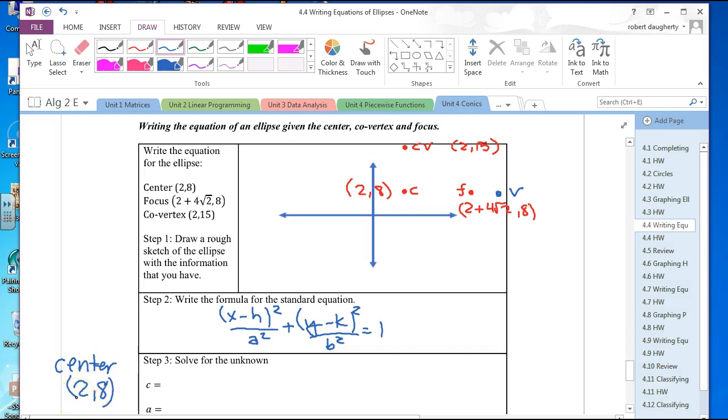Now, among the a's, b's, and c's, what do I know? What's the distance from the center to the covertex? In my formula, that's going to be which letter? That's b. So how far is it from 2, 8 to 2, 15? It's 7. So I know that b is equal to 7.